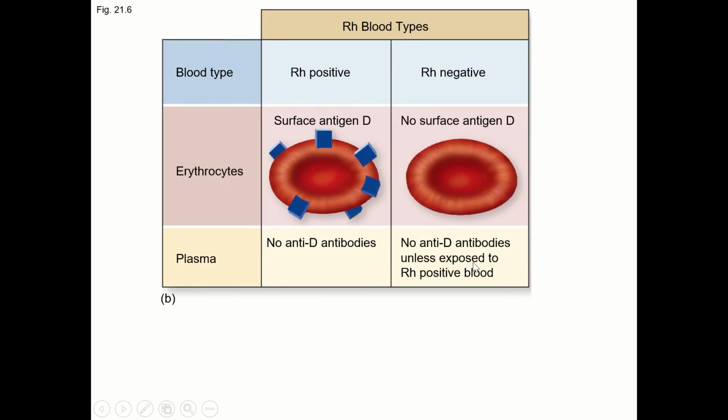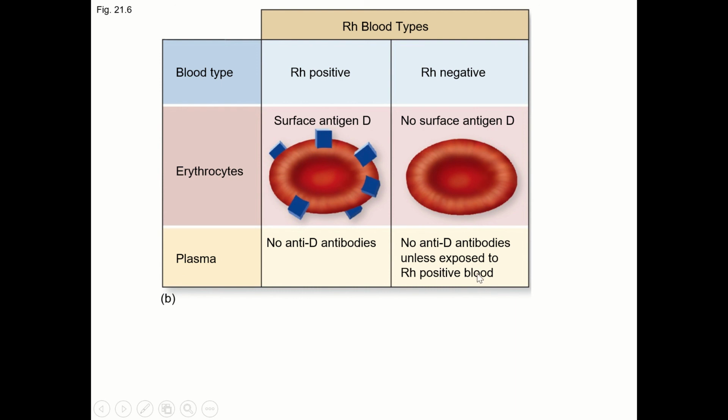All right, now the positive negative is, like I said, a separate type of blood typing, and it involves a different antigen. The Rh positive blood has an antigen on the red blood cells and no antibodies in the plasma. If you're Rh negative, you have no antigens and you have no antibodies unless you've been exposed to positive blood.